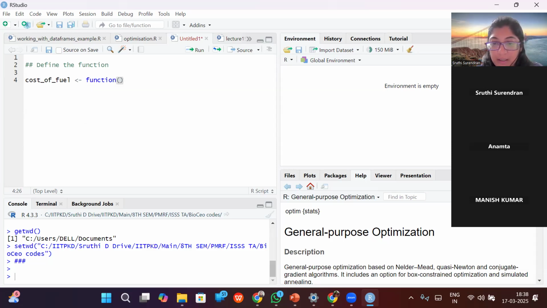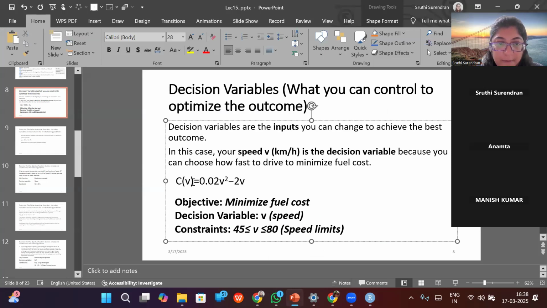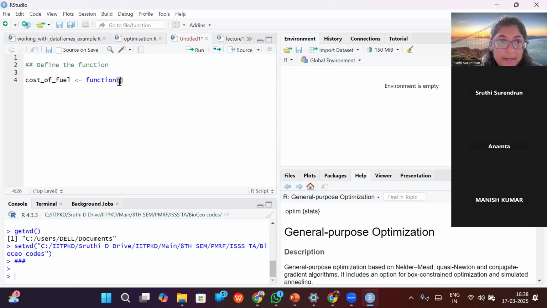You see here, cost of fuel is a function of the decision variable V. So first we will write that inside the function command. Okay. So we know the cost of the fuel is a function of V. Now, how is this cost of fuel represented in terms of V is what we will define inside here. So for that, you will put a curly bracket and then you will write this equation in here. 0.02 V square minus 2V.